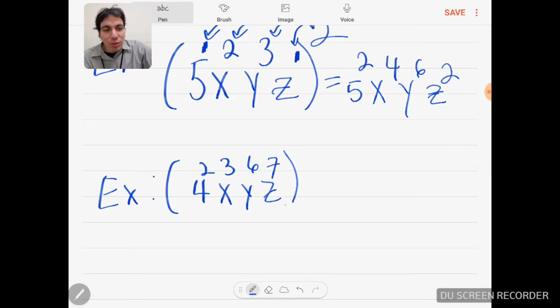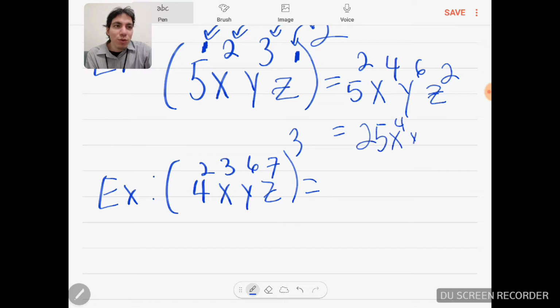And I'll put this as square, and this is to the 3rd as well. So, see, when I put a value already there, you can easily see what that is. Now, in the last example, the answer is technically supposed to be 25x to the 4, y to the 6, and z to the 2nd.